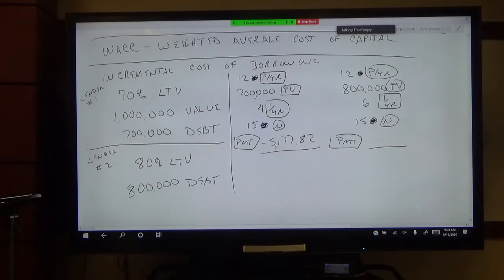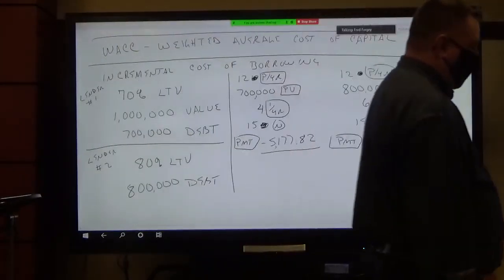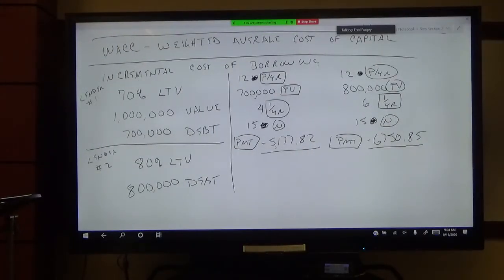Okay, so let's calculate the payment for this. Before we go any further, let's make sure that you understand what's going on here, because I would put this in the top 5 most valuable lessons that you will get out of this.